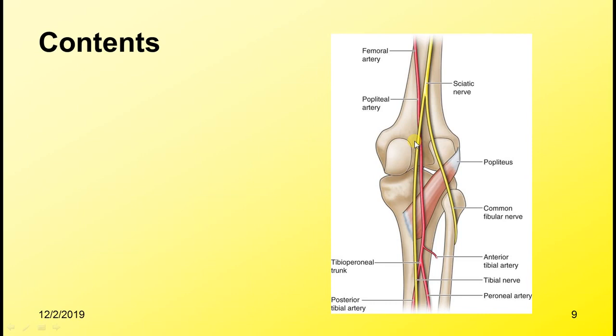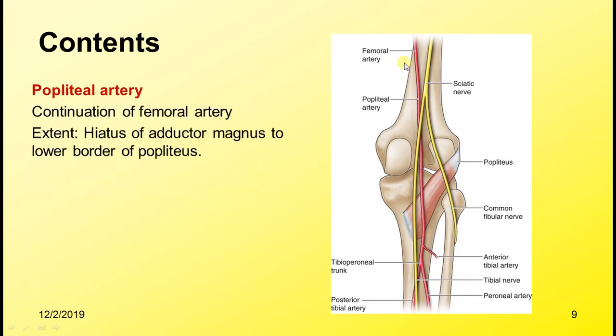Now first we will look at this popliteal artery. It is a continuation of the femoral artery. The extent of the popliteal artery is from the osteoaponeurotic opening of the adductor magnus, the hiatus of adductor magnus.